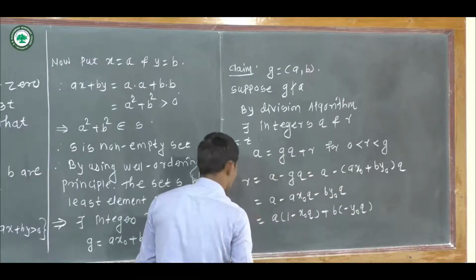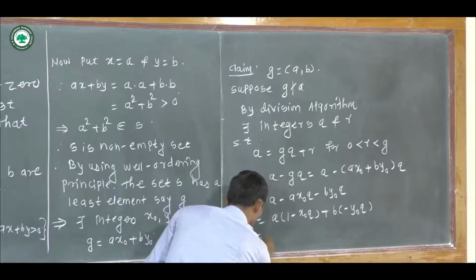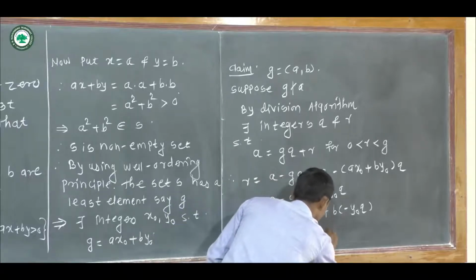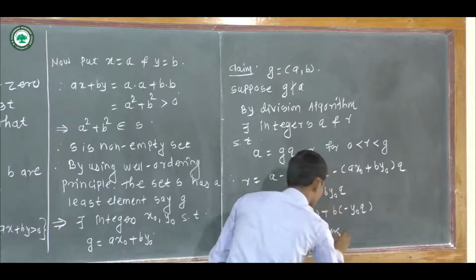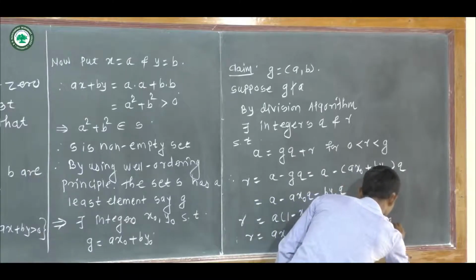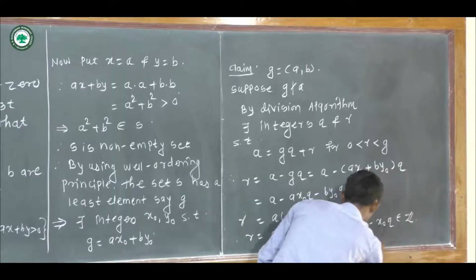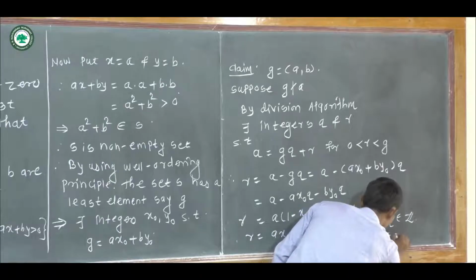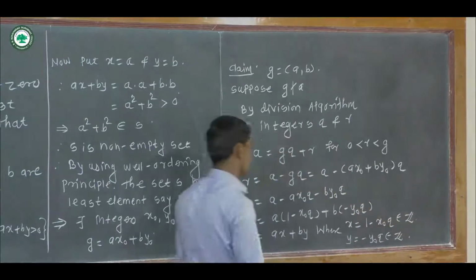That is r is equal to ax plus by, where x is equal to 1 minus x0 into q belongs to Z and y is equal to minus y0 into q belongs to Z.